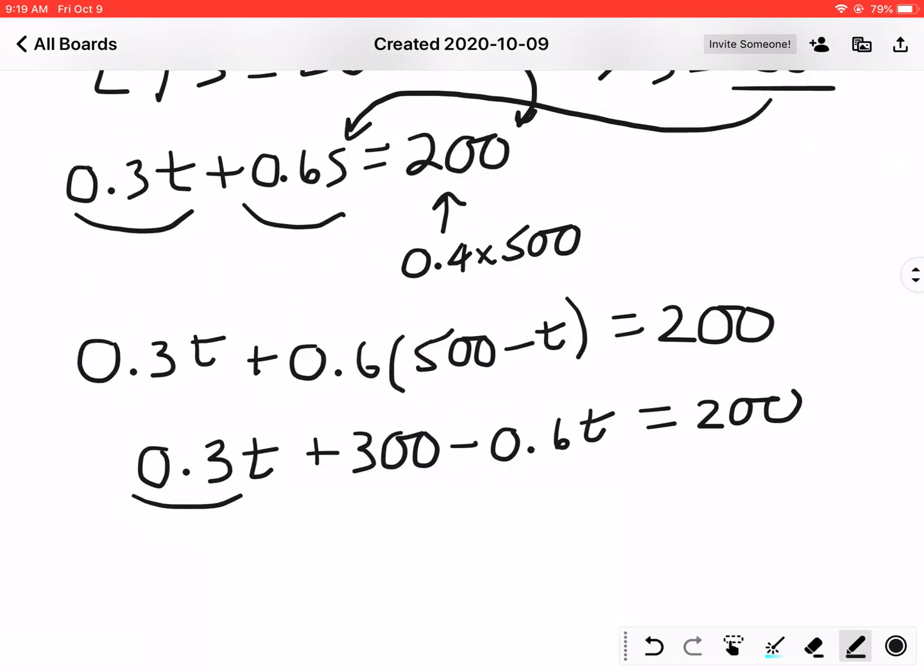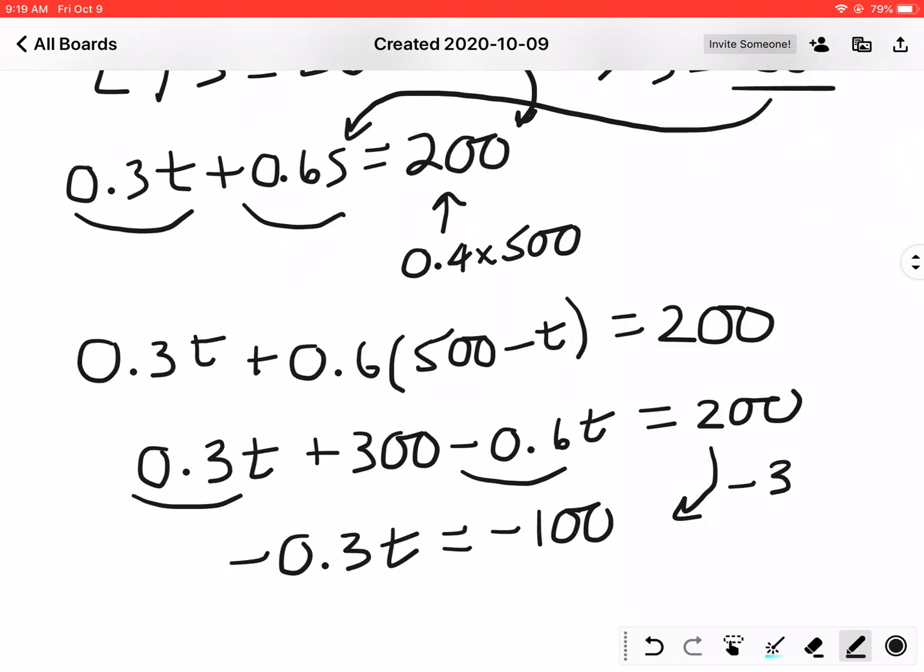I'm going to collect my like terms. 0.3 minus 0.6 is negative 0.3. I'm also going to subtract 300 from both sides. And I will go like that, minus 300.